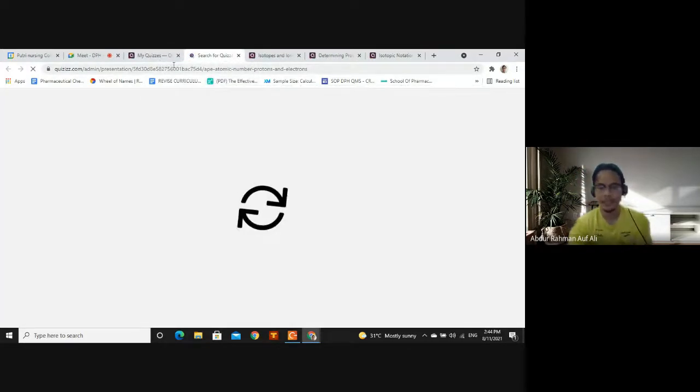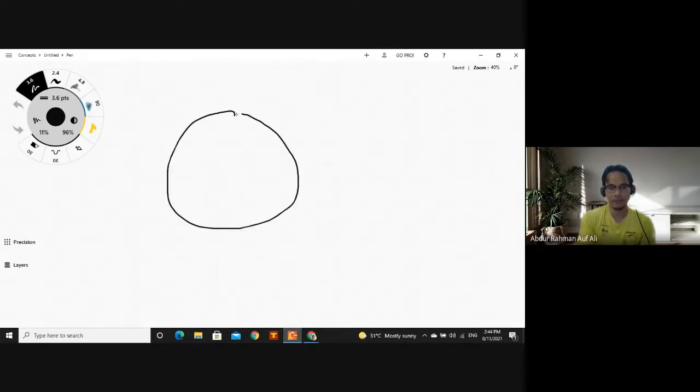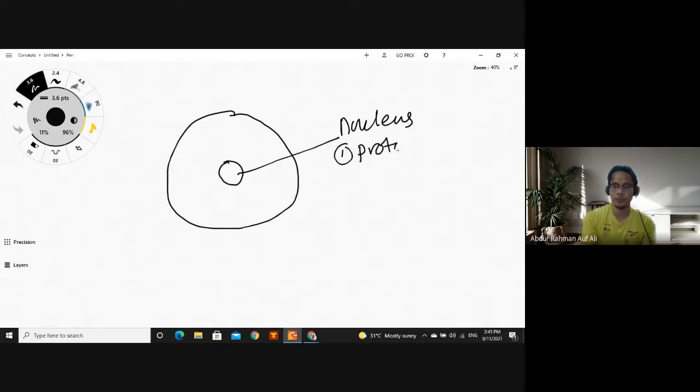Okay, so from that story, saya tahu panjang. I think the takeaway yang nak kamu tahu, inside of an atom there is a nucleus. So this is the nucleus. At the center of an atom there is a nucleus. Dan dalam nucleus ni ada dua benda, iaitu proton and dia ada neutron.